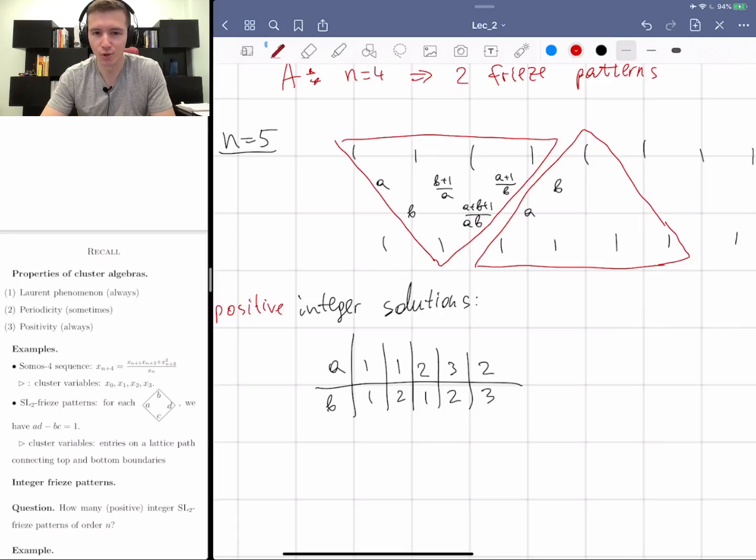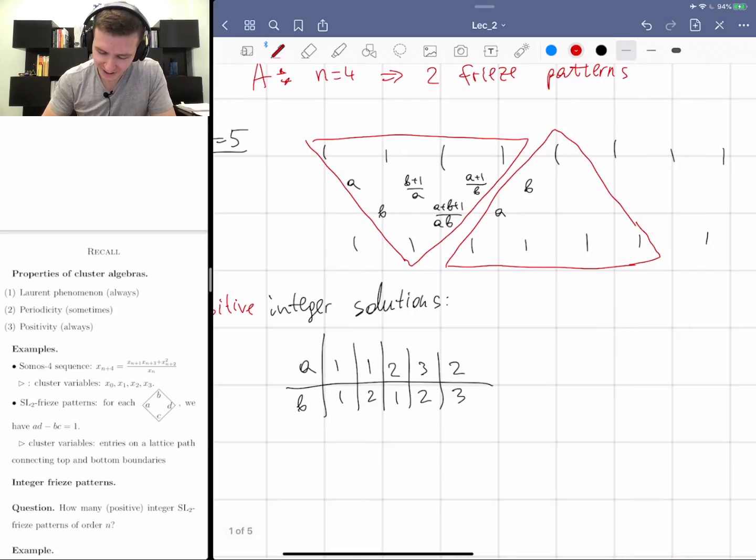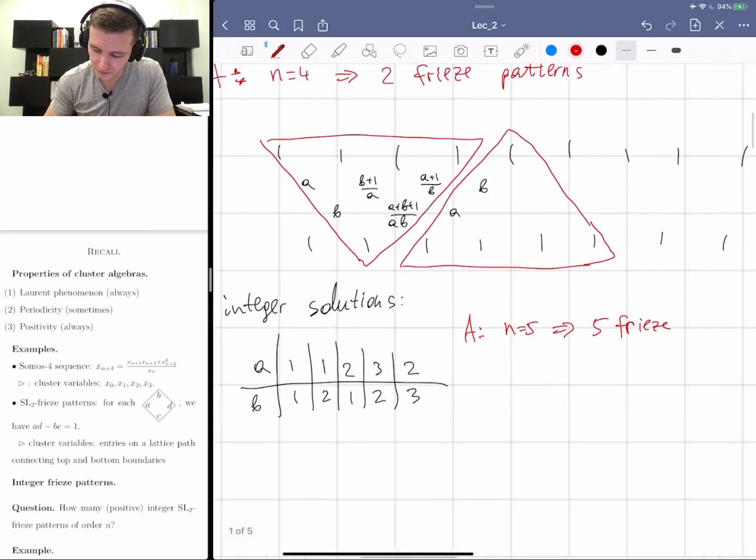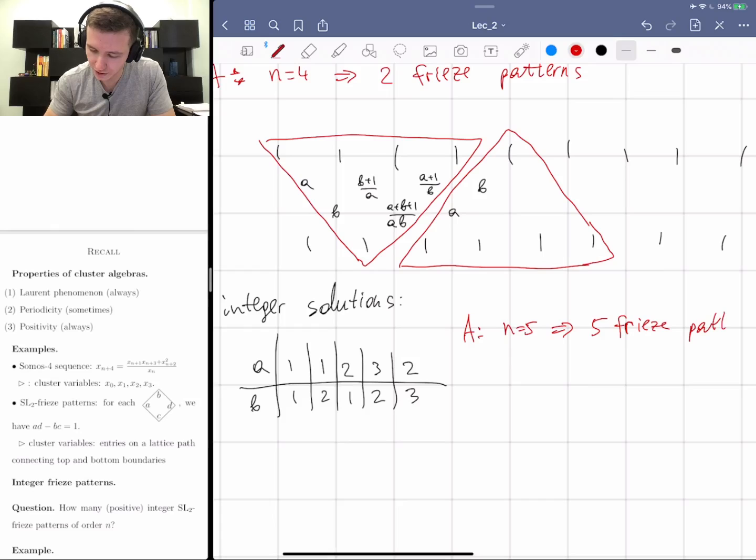Okay, so no more. Are you sure? Okay, that's actually correct. So the answer is that for n equals 5, there are 5 frieze patterns. 5 positive integer frieze patterns, Z plus frieze patterns.